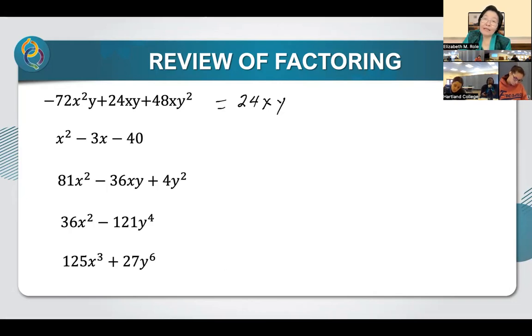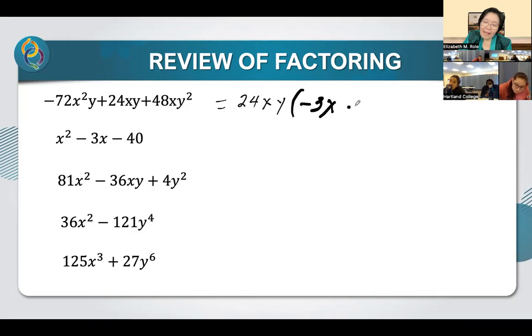Do you need to have a minus outside? We'll see whichever we can. Let's begin with just 24xy, all right? And then let's arrange. Okay. So 72 divided by 24 is negative 3, right? Negative 3x.